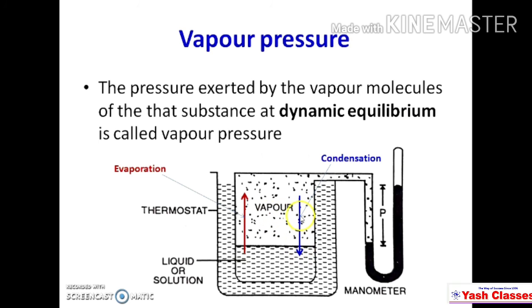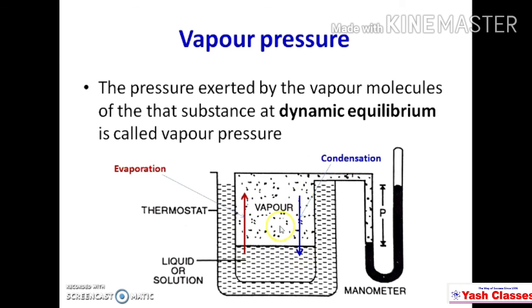So after some time, the condensation process starts, and the rate of condensation will slowly increase as the concentration of vapor molecules increases. Now these two processes, evaporation and condensation, will go on, and one stage comes at which the rate of evaporation is exactly equal to the rate of condensation.